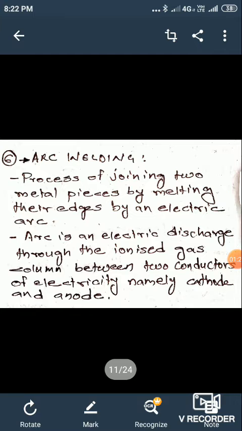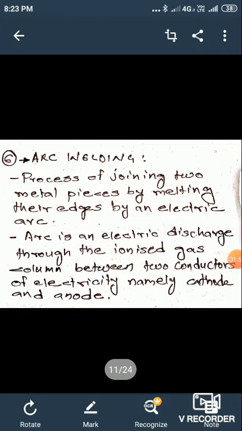Once more: when the cathode and anode are touched and then separated, the electrons liberated from cathode will move towards anode, and the positive charged ions move from anode to cathode.